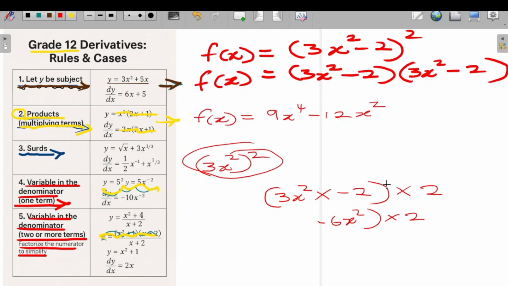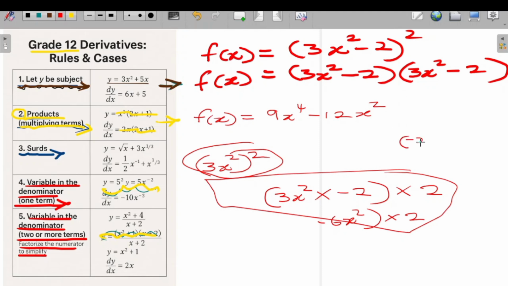And then lastly, you have to square the minus 2. If you square that minus 2, your answer will be positive 4, and you will have simplified it.